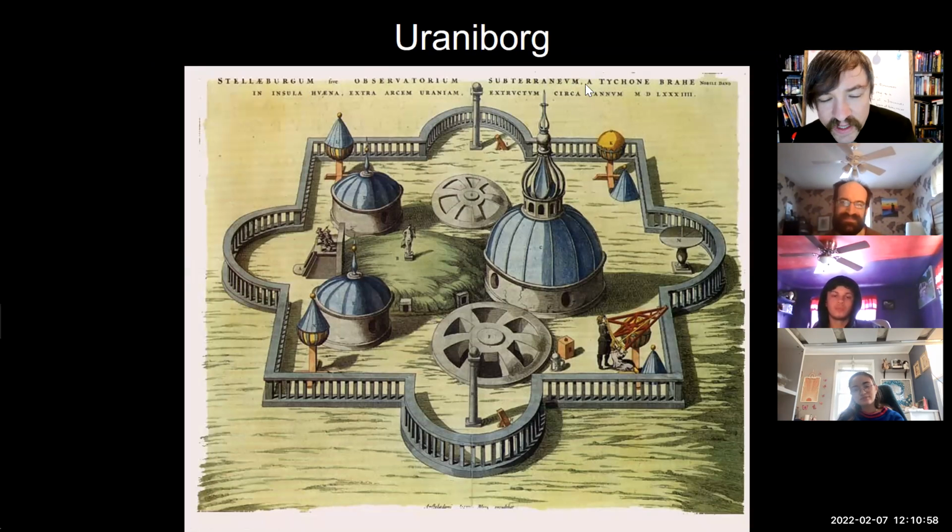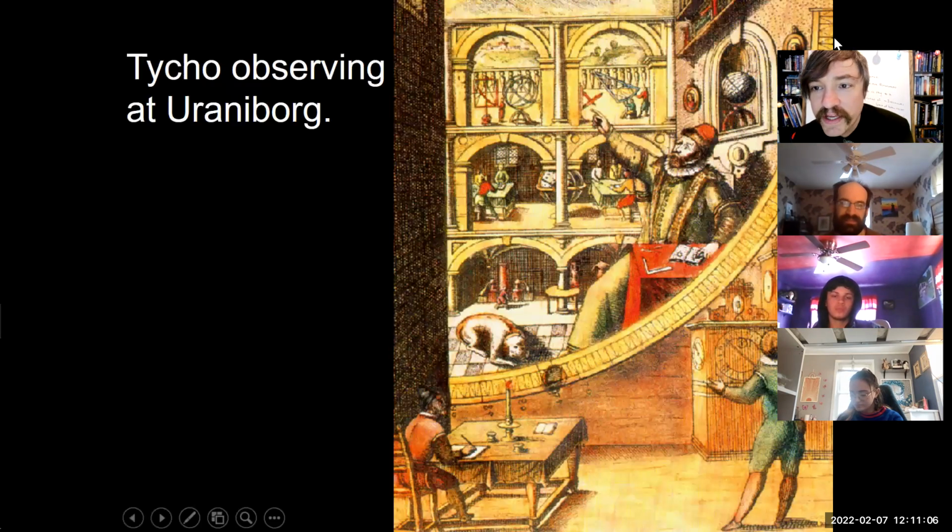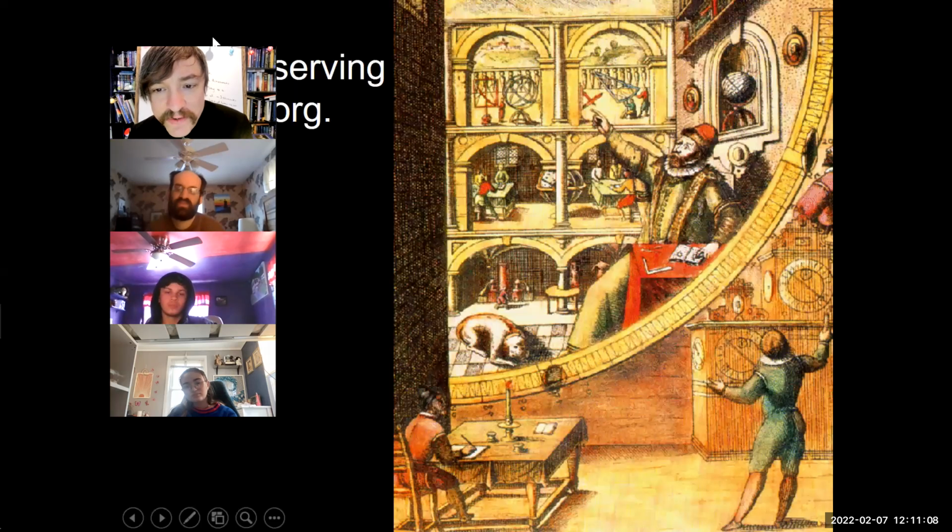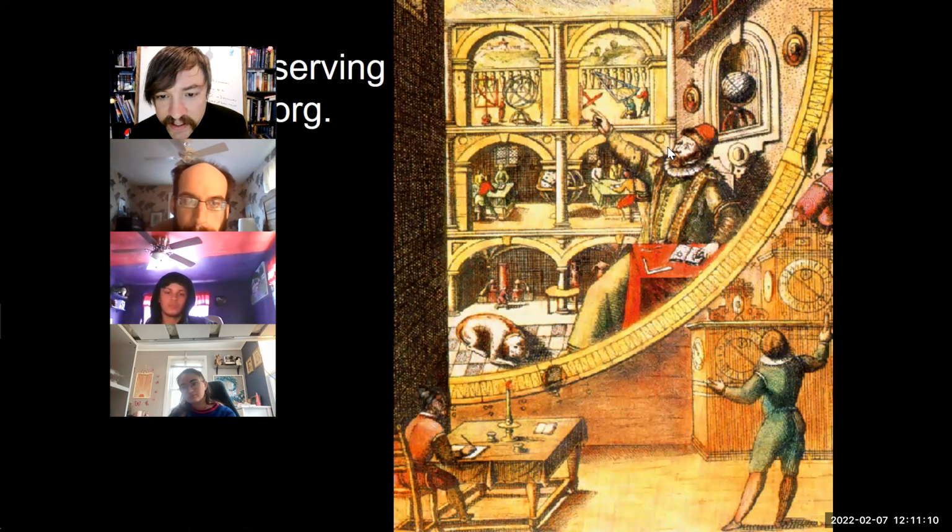And here's a little illustration of the great observatory built at Uraniborg, where Tycho Brahe could take his observations. Here's a woodcut showing the great astronomer Tycho in front of a device that's known as a mural quadrant. A mural quadrant is kind of like a giant sextant, which allows you to take angular measurements of stars.